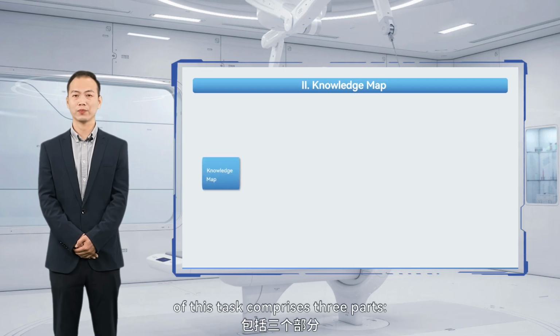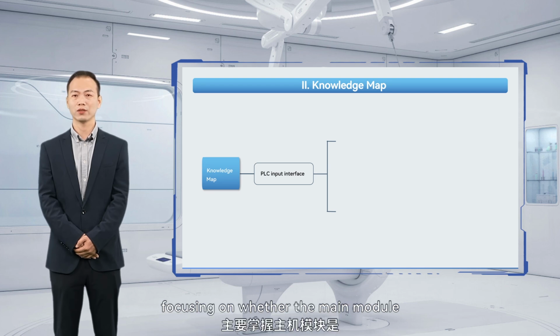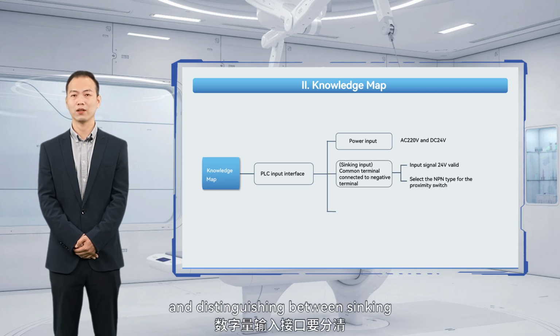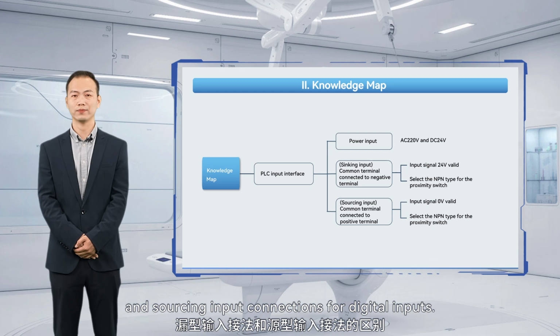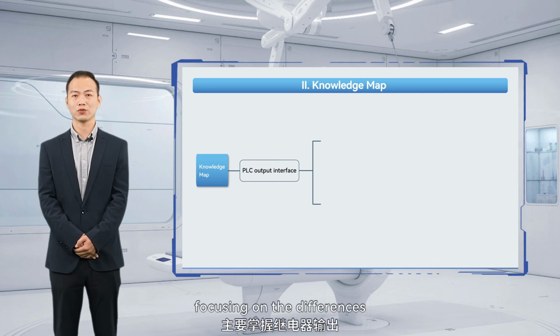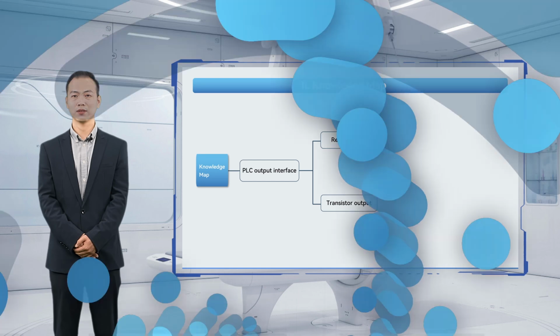The knowledge structure of this task comprises 3 parts. The first part is the PLC input interface, focusing on whether the main module is powered by AC or DC, and distinguishing between sinking and sourcing input connections for digital inputs. The second part is the PLC output interface, focusing on the differences between relay outputs and transistor outputs.